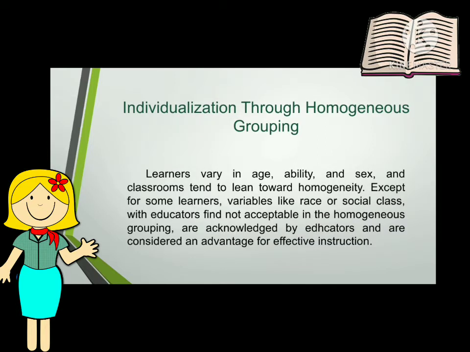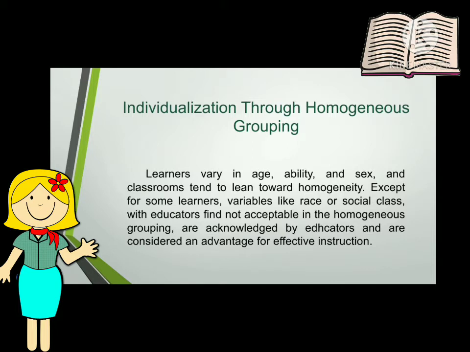Second is individualization through homogeneous grouping. Learners vary in age, ability, and sex, and classrooms tend to lean toward homogeneity. Except for some learners, variables like race or social class, which educators find not acceptable in the homogeneous grouping, are acknowledged by educators and are considered an advantage for effective instruction.